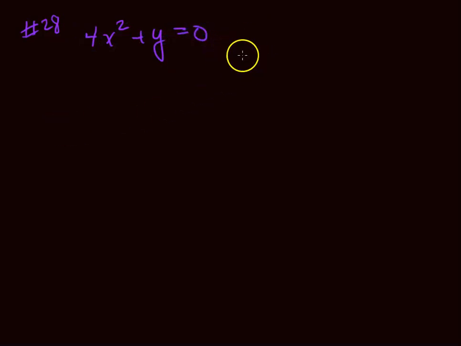So let's see. We're going to plot some points to graph this. Now if you're going to try some of these, make sure you put some negatives in here: -2, -1, 0, 1, and 2. In order to do that, sometimes it's just easier to solve for y, isn't it? So I'm going to subtract 4x squared from both sides.